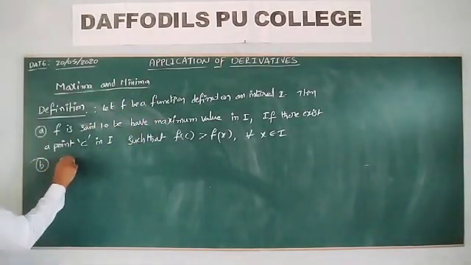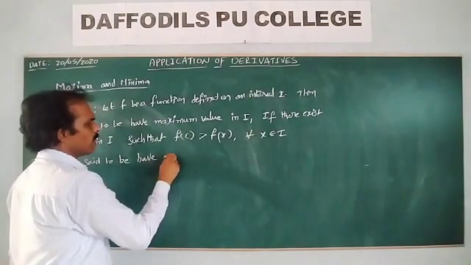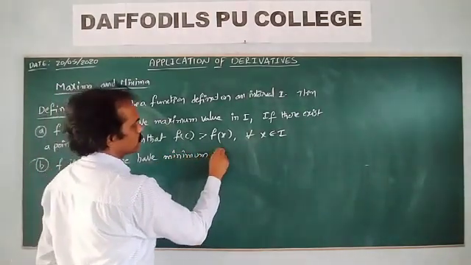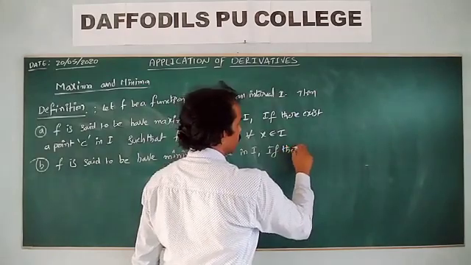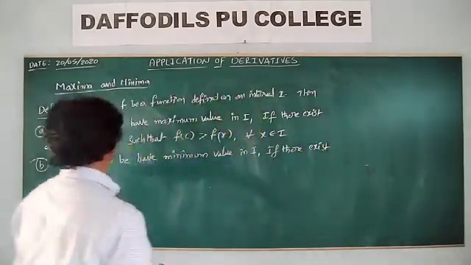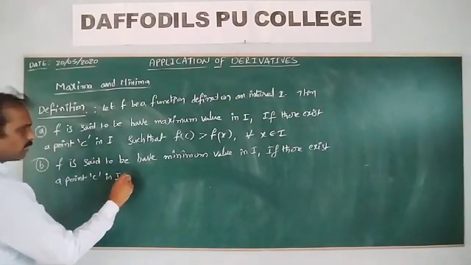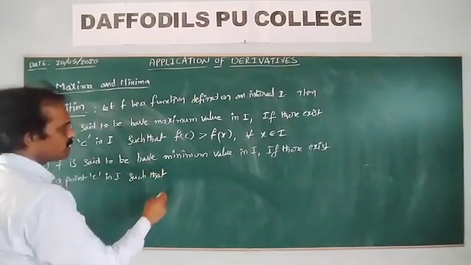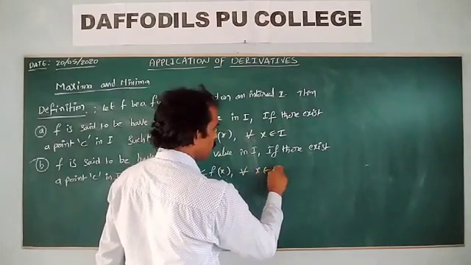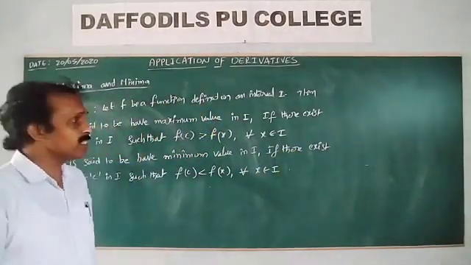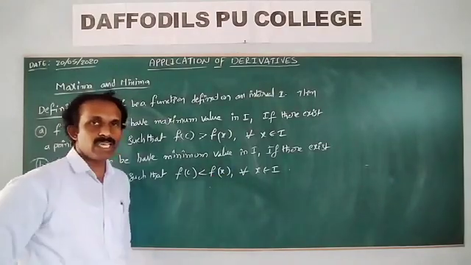Next page. f is said to have a minimum value in I if there exists a point c in I such that f of c is less than f of x for all x belongs to I. And the point c is called the point of minimum in I, and in the previous case the point c is called the point of maximum in I. Right.